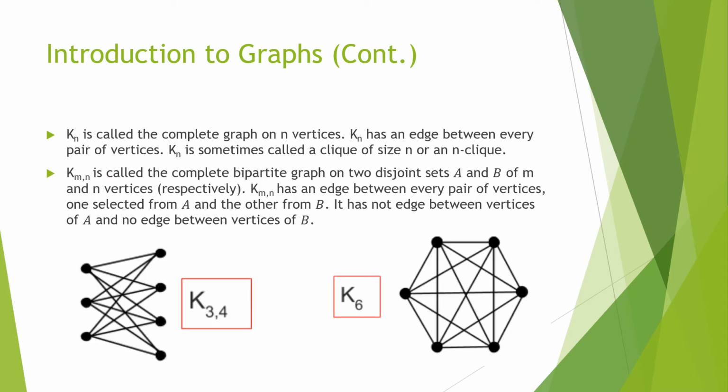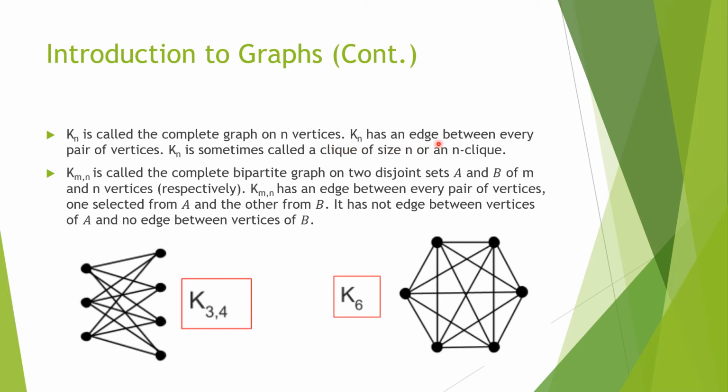Next, we define a complete graph or a clique. Kn, K with subscript n, is called a complete graph on n vertices, where n is a positive integer, which means n can be as low as 1 and it can be any other positive integer.